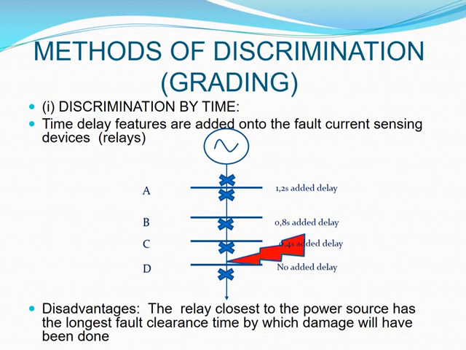It didn't have any interconnected networks to it. So it's the time delays that we can get added onto the system, onto the fault current sensing devices in your relay.